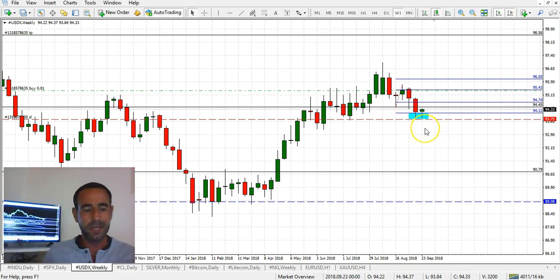So what I see here, and take a look at these two levels, these two particularly important levels. The first one is the 94.45 right here, and the second one is the one right below, the 94.12. The 94.12 happens to be a local support level, while the 94.45 is a mega support level coming from a higher time frame. What's interesting to me was the fact that price on the downside was trying to break the 94.12.